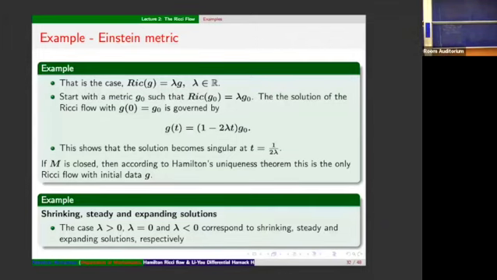That's what that example says. Maybe we should just quickly see that G_t will represent this.